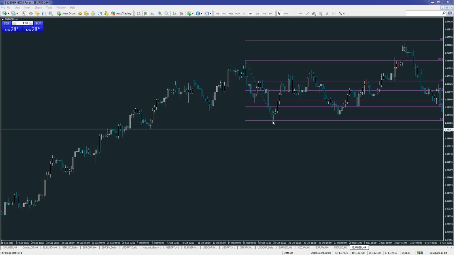Well, if we would like to find out what the retracement to the upside is, we always draw from up to down, from the highest to the lowest. And if we would like to see what the retracement to the downside is, we're always drawing from the lowest to the highest point. Now, this is the right way to use that type of tool.